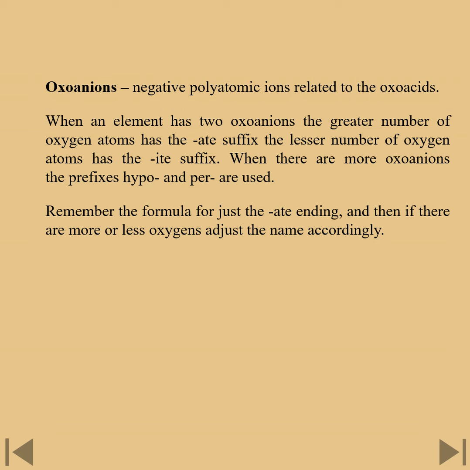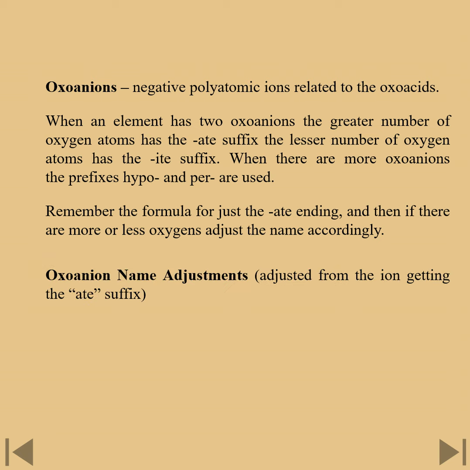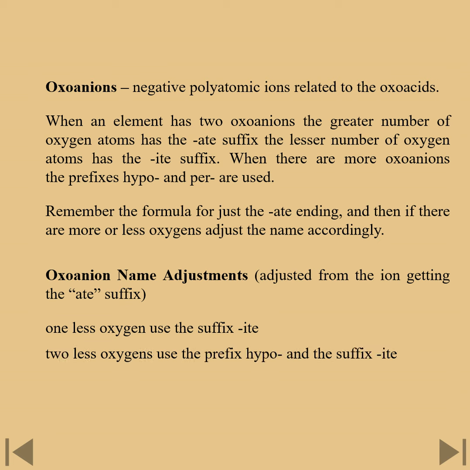Now we really only need to know how many oxygens gets the -ate suffix, and then we can determine how many based on the additional suffixes. Or if we have a different number of oxygens, we can determine what our new suffix is and if there's a prefix. So that relationship is, if we have one less oxygen, we have the -ite suffix. If we have 2 less oxygens, then we have hypo- as a prefix and -ite as our suffix.